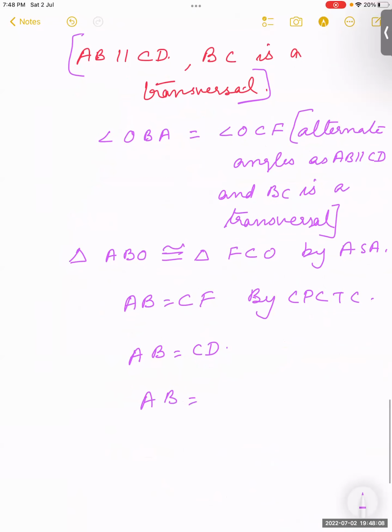If I combine all three equations, what do I get? CF is equal to CD is equal to EF. That's what they asked you to prove. So we just say hence proved. That's it.